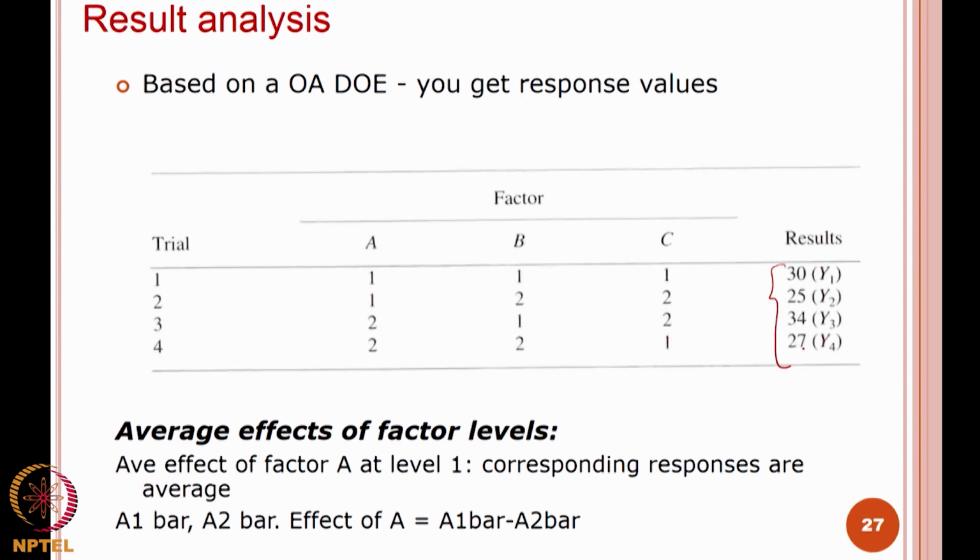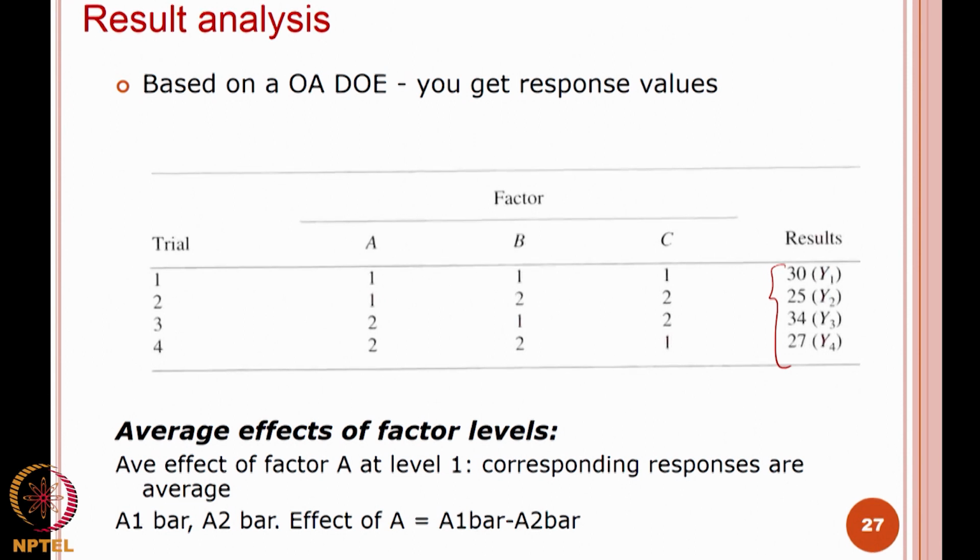Now, there is an interesting question. In the previous case that we discussed, for identifying the effect of A, there are only 2 rows. In one row it was A1 and in the other row it was A2. So, I went ahead and subtracted.